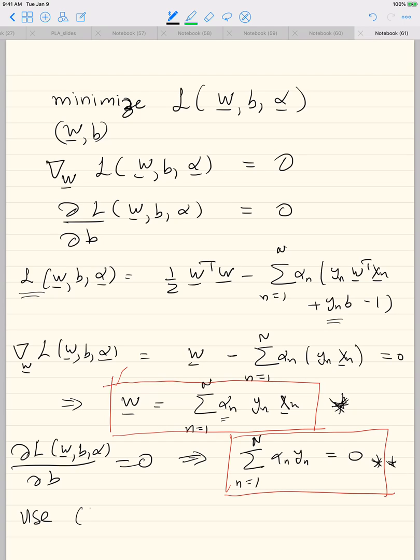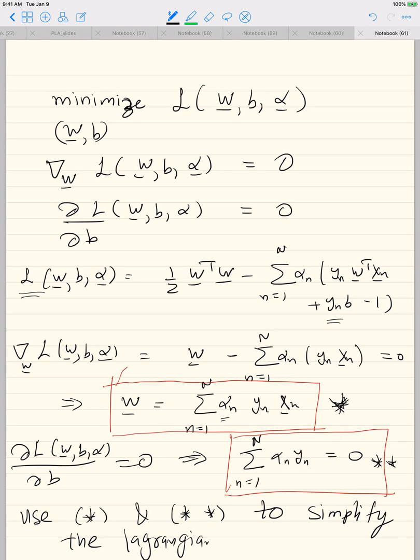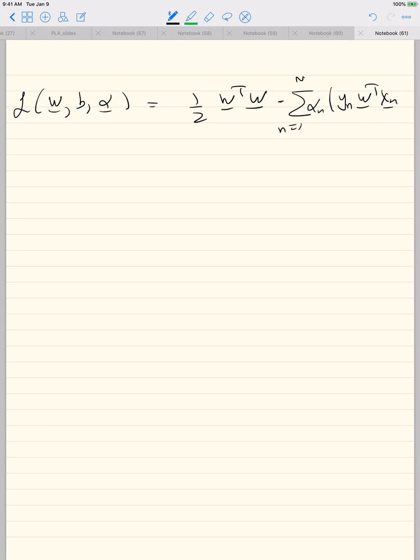Remember our expression for the Lagrangian. This is half W transpose W minus the summation of n going from 1 to n of alpha n yn times (W transpose xn plus yn b minus 1).